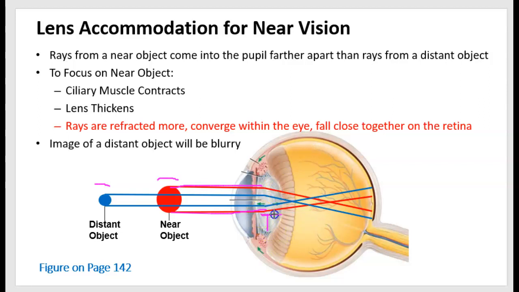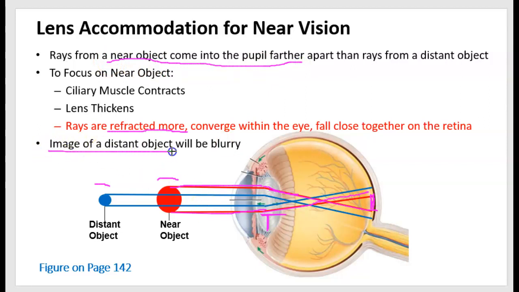That's why the lens needs to be thick, because you're looking at a bigger object, so to speak, because it's close by. And so you need to bend the light rays more. And they'll converge, as I mentioned before, and you'll get a focused image on the back of the retina that's inverted. Okay, so rays are refracted more with a thick lens in order to see near objects.